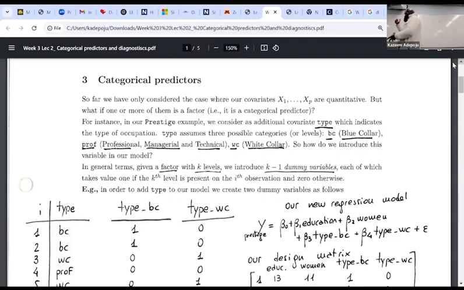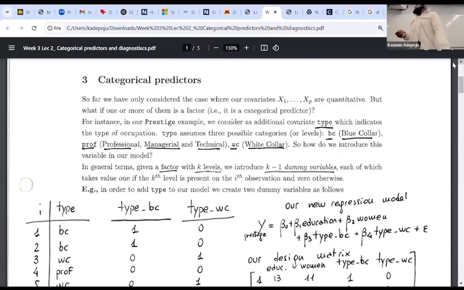But today, what if we are in a situation where all the explanatory variables are categorical? Of course, the one we did on Monday was a combination of categorical and quantitative predictors.